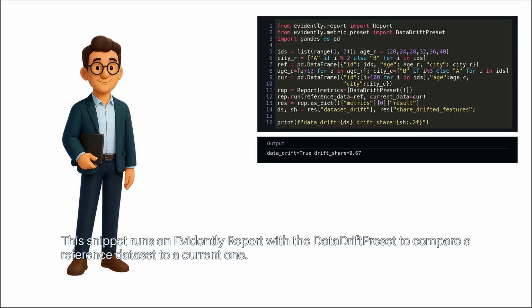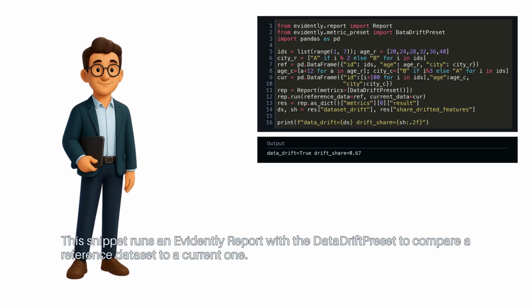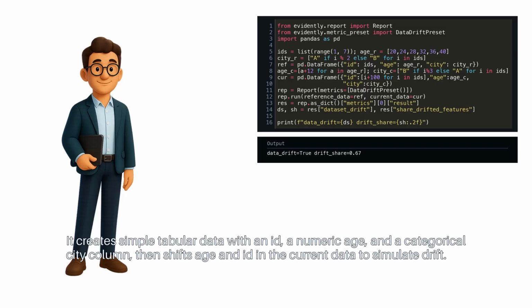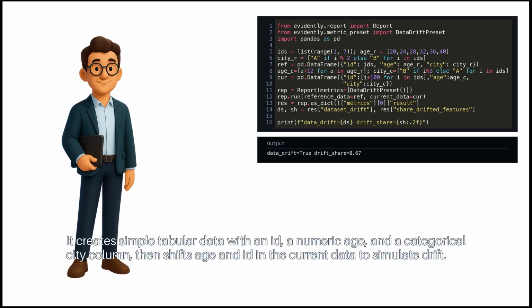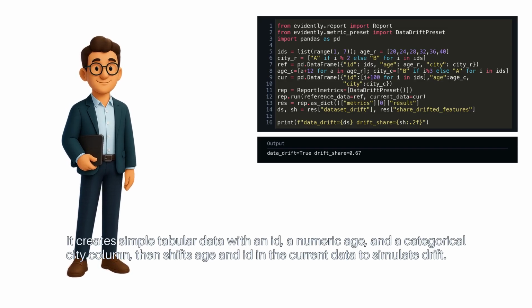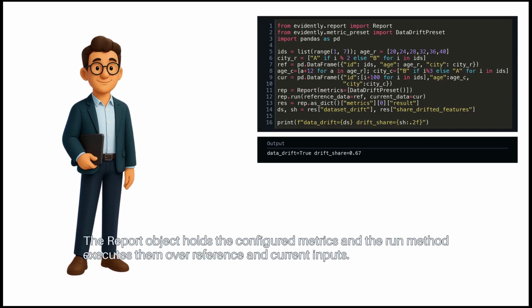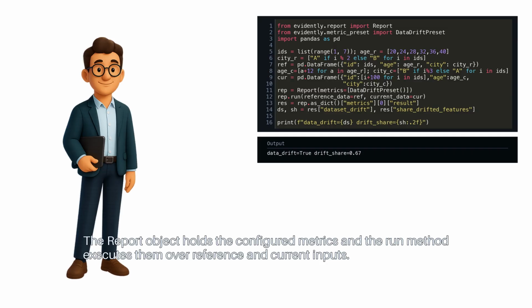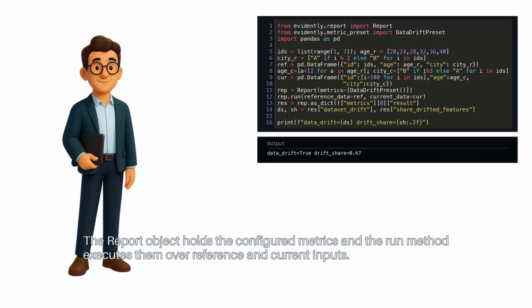This snippet runs an Evidently report with the DataDriftPreset to compare a reference dataset to a current one. It creates simple tabular data with an ID, a numeric age, and a categorical city column, then shifts age and ID in the current data to simulate drift. The report object holds the configured metrics, and the run method executes them over reference and current inputs.